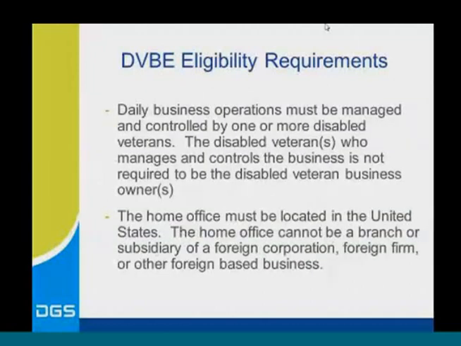The daily business operations must be managed and controlled by one or more disabled veterans. The disabled veteran who manages and controls the business is not required to be the disabled veteran business owner. The home office must be located in the United States. The home office cannot be a branch or subsidiary of a foreign corporation, foreign firm, or other foreign-based business.